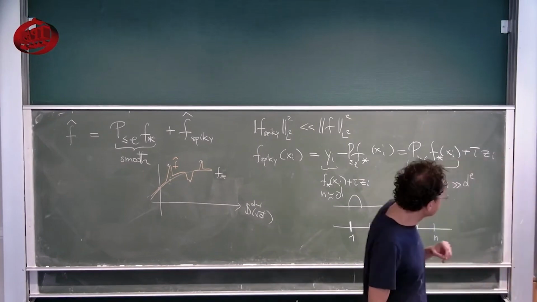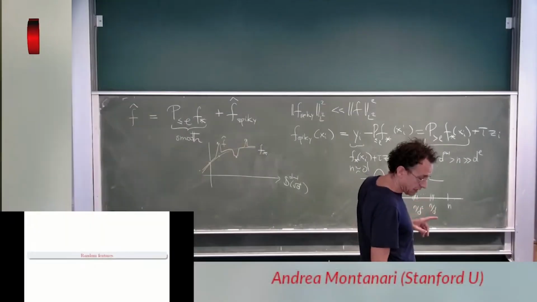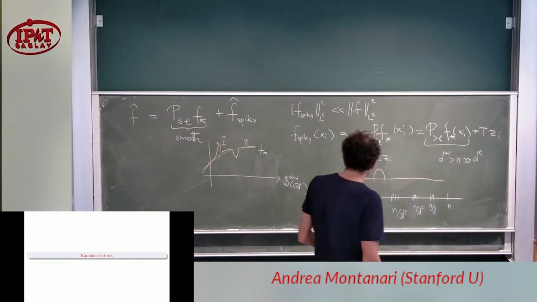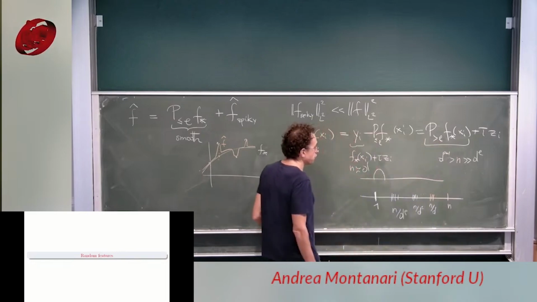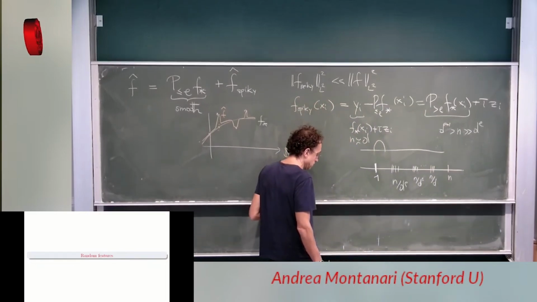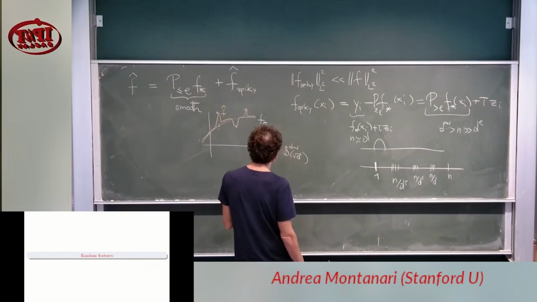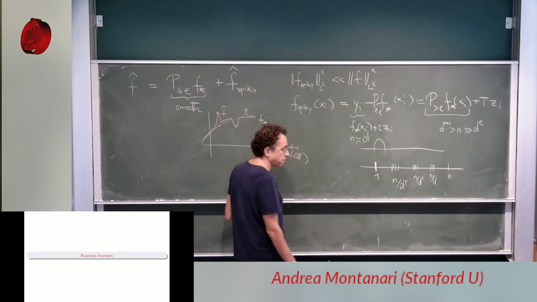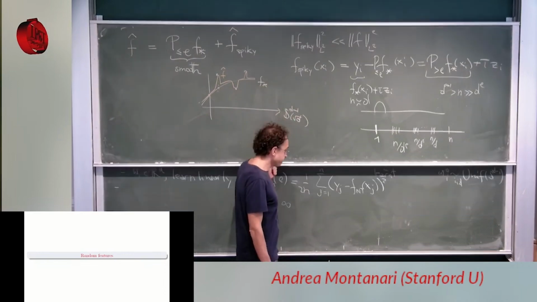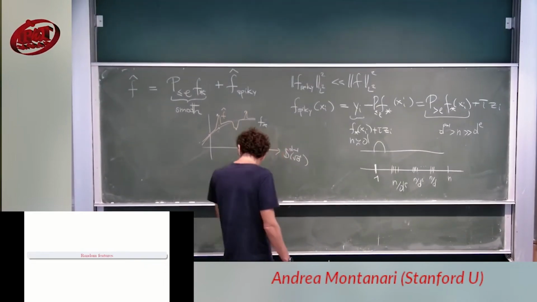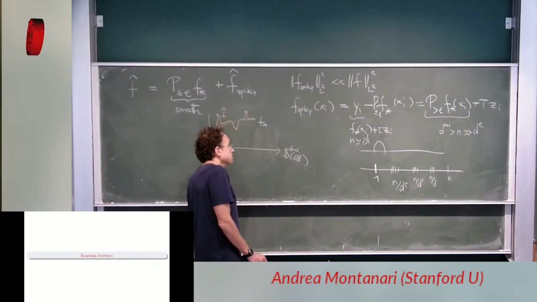Okay, so now I want to mention a different model. We want to move away from the number of neurons going to infinity, to a finite number of neurons. There is a model that is easier for the math, but we expect it to have very similar behavior, and this is the random feature model.